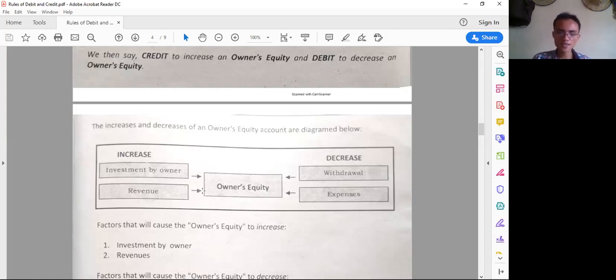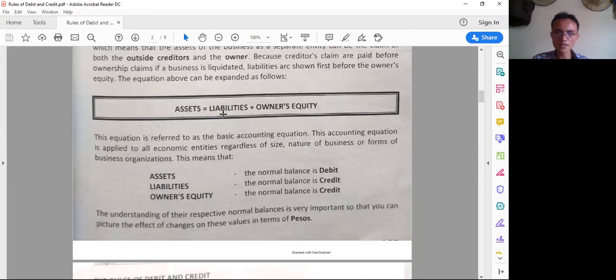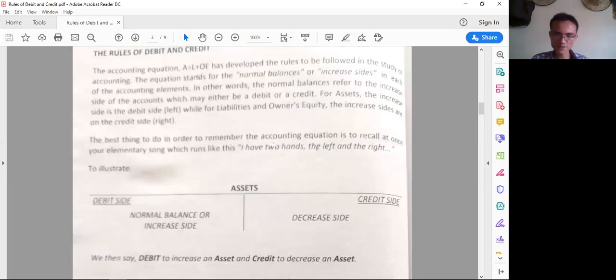So if we go back to the basic accounting equation, assets equal liabilities and owner's equity, should we deduct liabilities from assets, that's going to be owner's equity. Okay, so that's why owner's equity represents the residual interest. Residual from the word residue, which means what is left.